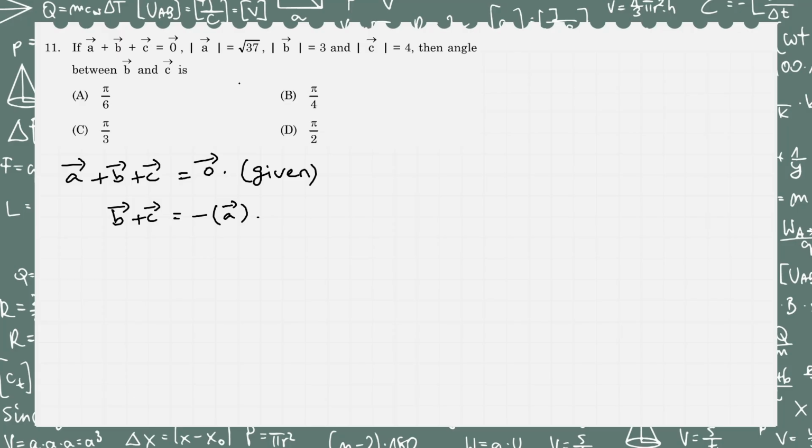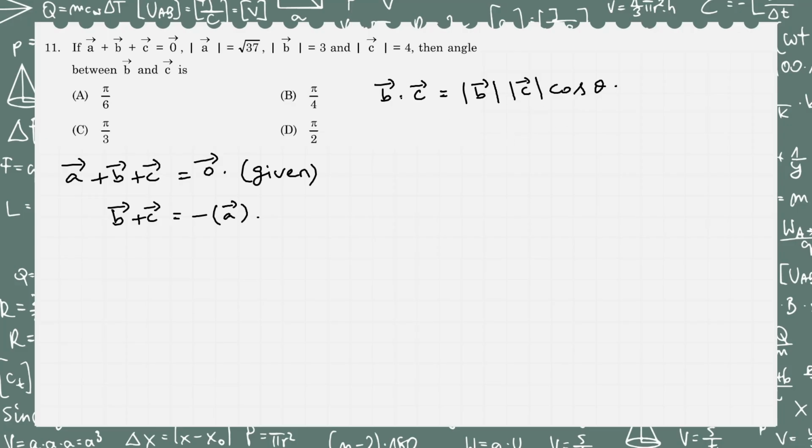Now we need to find the angle between vector b and vector c. The formula to find the angle between vectors b and c uses their dot product: b dot c is length of b into length of c into cos of the angle between them.